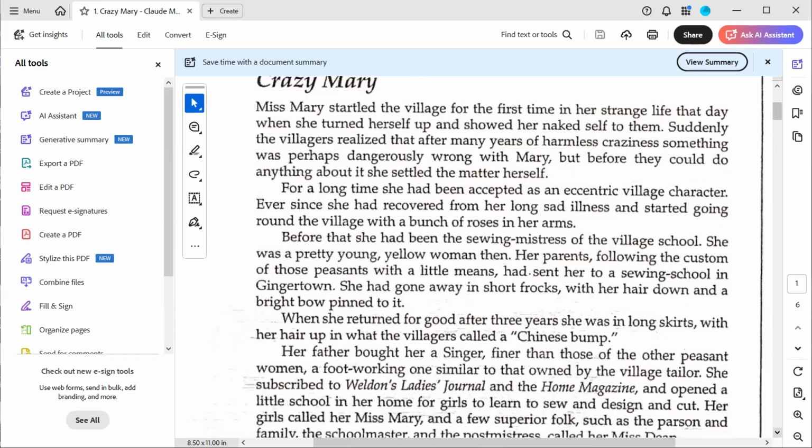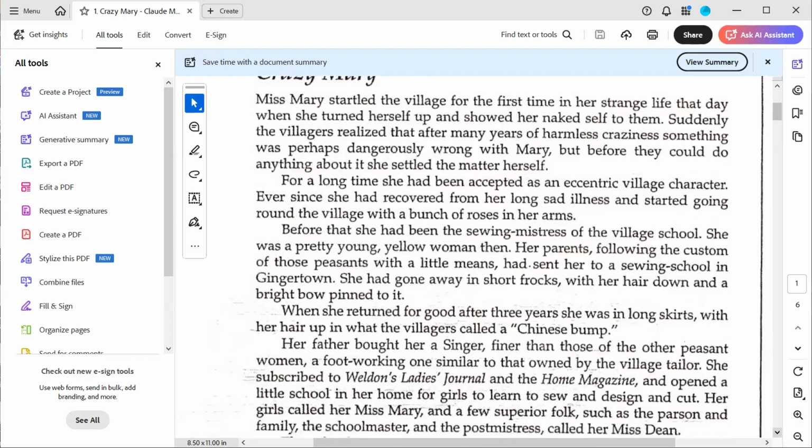Her father bought her a Singer, finer than those of the other peasant women, a footworking one similar to that owned by the village tailor. She subscribed to Welland's Ladies' Journal and the Home magazine, and opened a little school in her home for girls to learn to sew, and design, and cut. Her girls called her Miss Mary, and if his superior folk, such as the person.